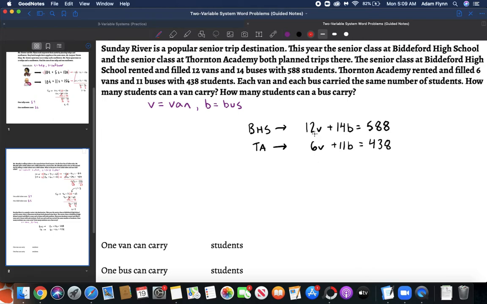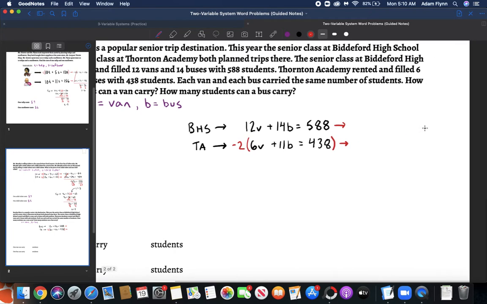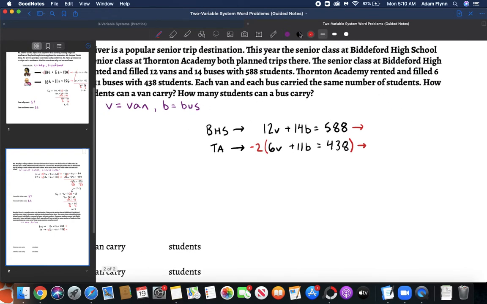Okay. So I'm going to take a look at which variable I should eliminate. If I take a look at my V's, I've got 12V and 6V. Well, 6 goes into 12, which means I can just scale this bottom equation without having to scale the top. So to make this 6v negative 12v, I need to scale by negative 2. Okay, so I'll scroll over a little bit. For my new equations, up top I am sticking with that one.